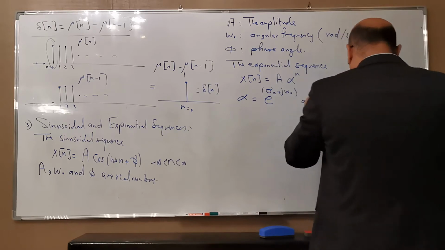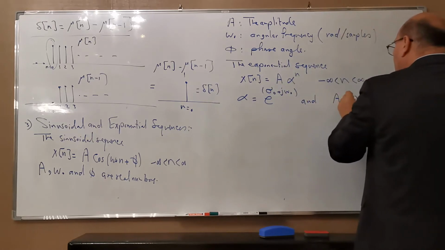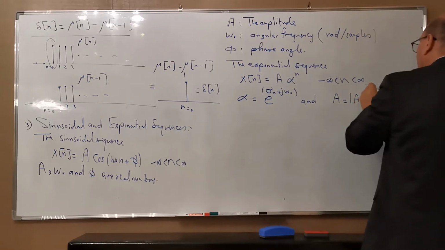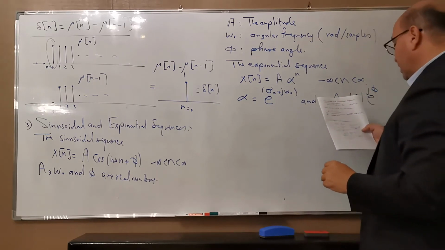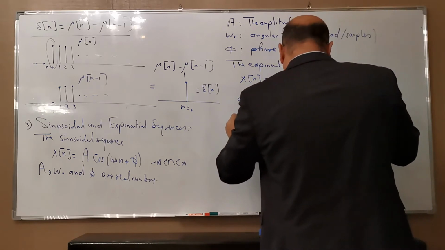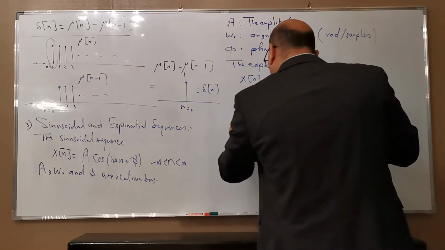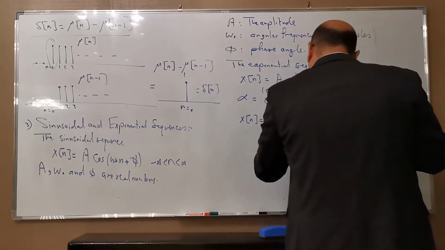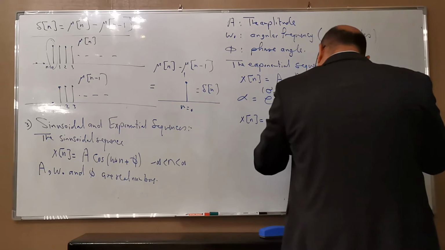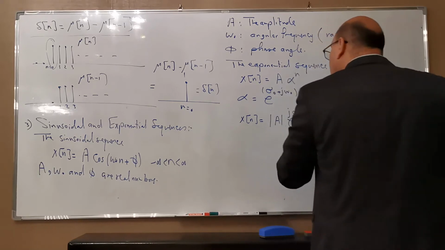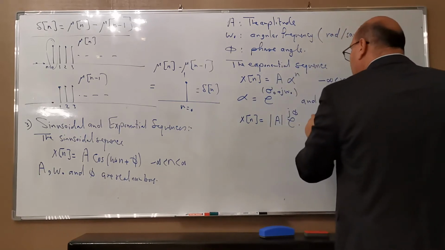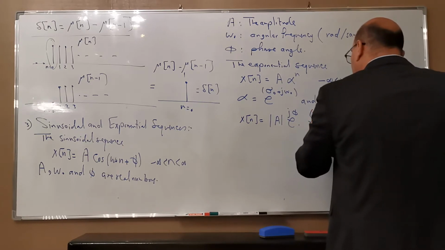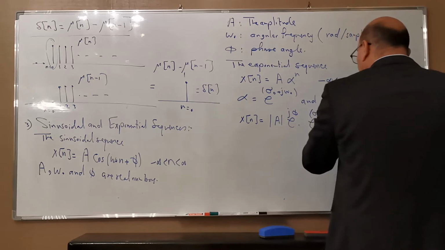And a is also a complex quantity, in the general case the magnitude of a times e to the j phi. If we combine those, then x of n is equal to the magnitude of a e to the j phi times e to the power sigma 0 plus j omega 0 times n.